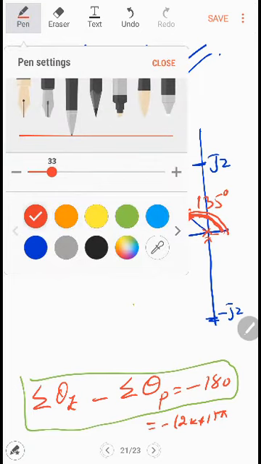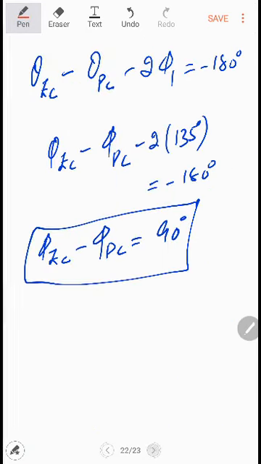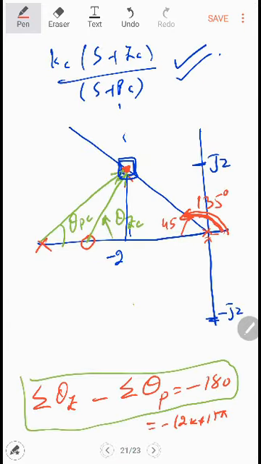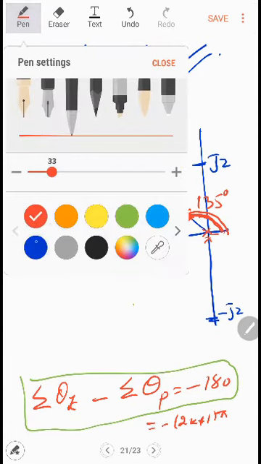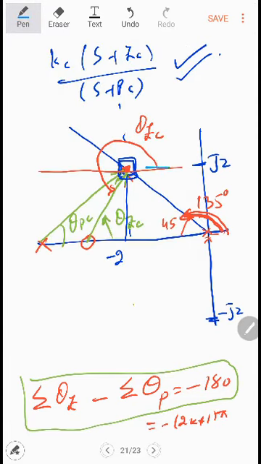Over here you can also see this pi zc minus pi pc. What is this one? Let's say this is the reference axis. So this is pi zc, and let's use another one, and this is the pi pc.